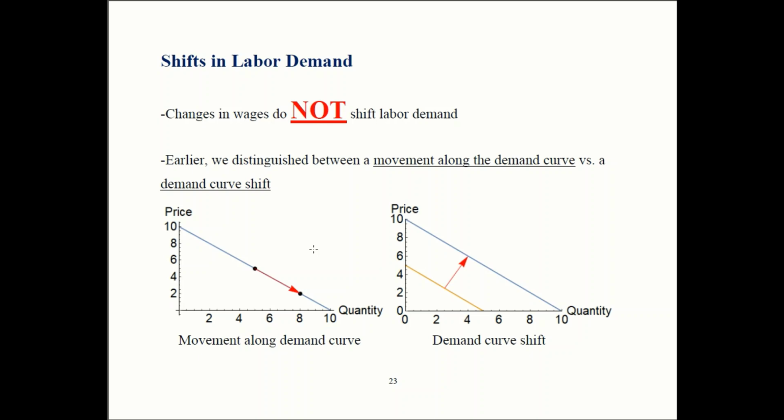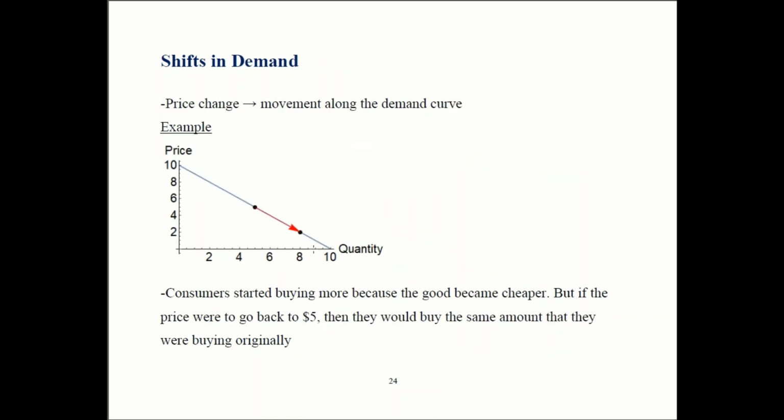So we had some slides in chapter 3 talking about how do you know when you have a shift versus when you have a movement along. And here is our rule for that. We said that if you change price, that always gives you a movement along, not a shift. Why is that?